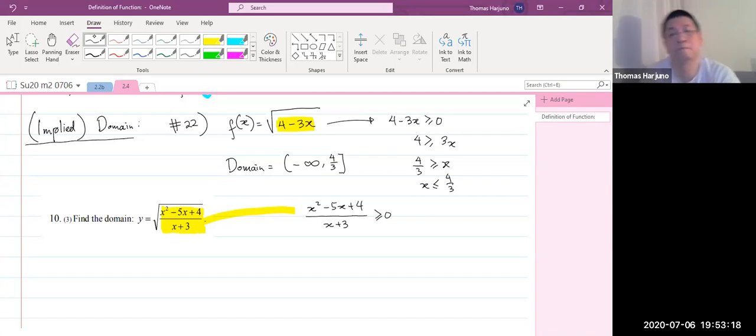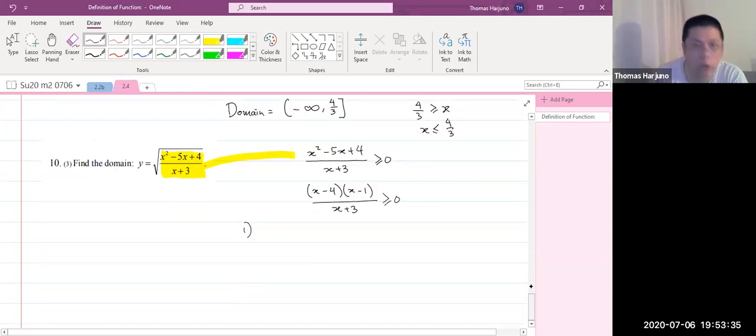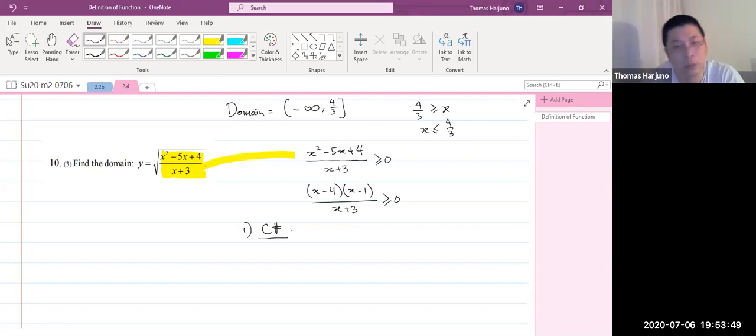Now then, how do we proceed from here? Let's start at the top first. Because this is a non-linear inequality, I need you to go through the 3-step process. No other way. I want it this way. You have to do it this way. The only time you don't do it this way is when you don't follow my lecture, and trust me, you will get it wrong anyway. If you get it right this time, you will get it wrong eventually.